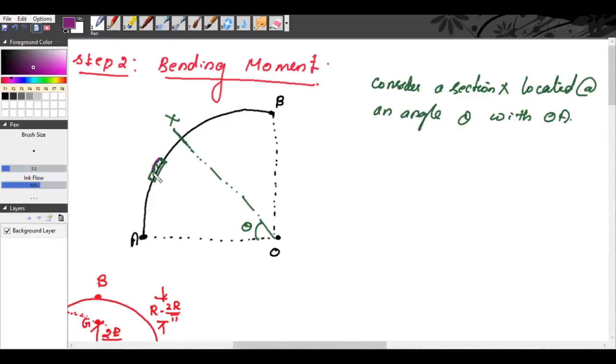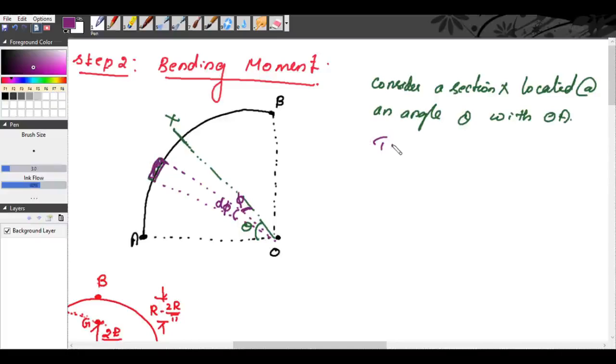This smaller stripe subtends an angle of d pi with O. This angle can be taken as pi, and this is d pi.